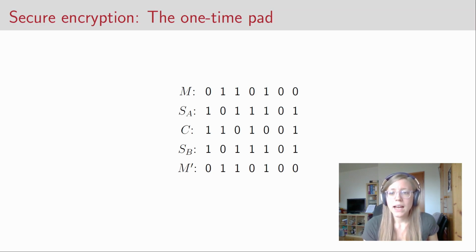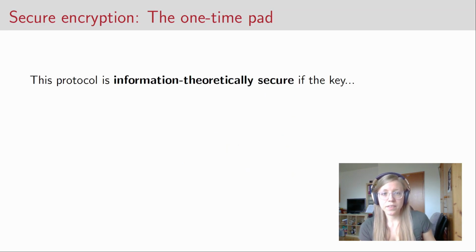So, as I told you, this encryption scheme is actually provably secure. And actually, the term for this is information theoretically secure. This means that the adversary can get no information about the message that was sent through the ciphertext.